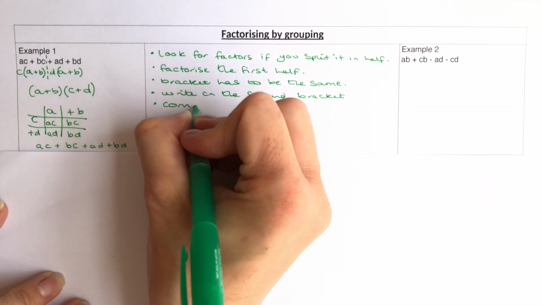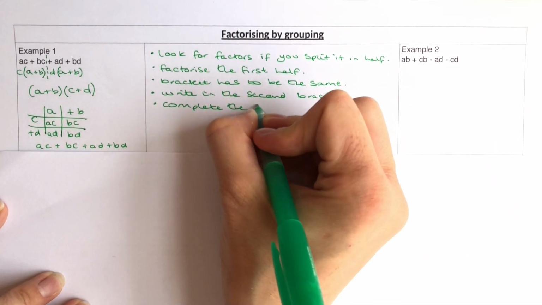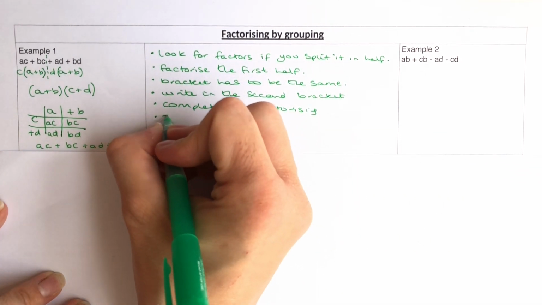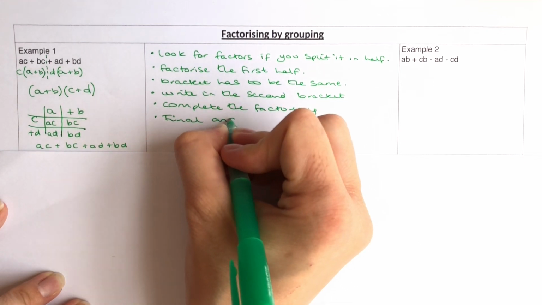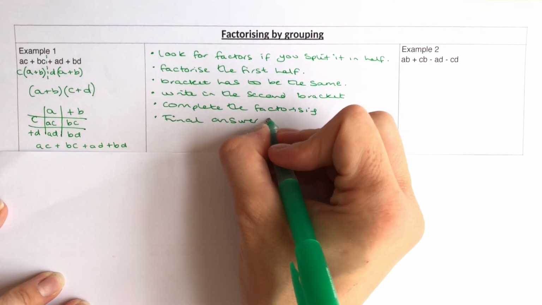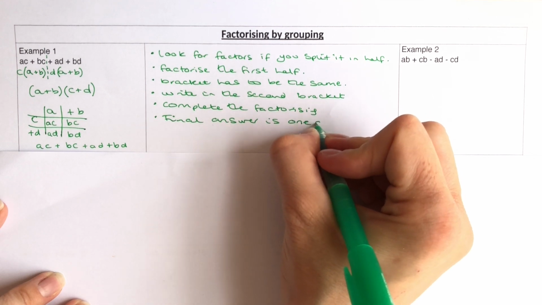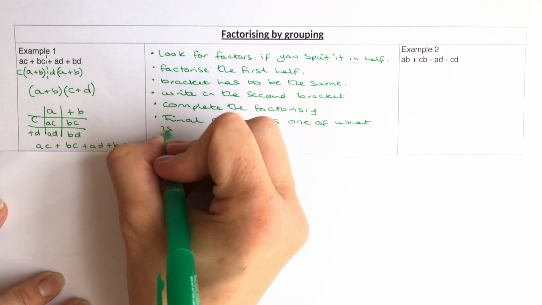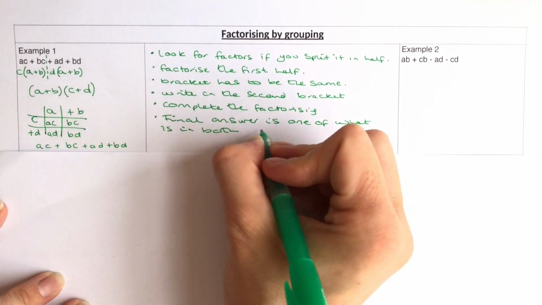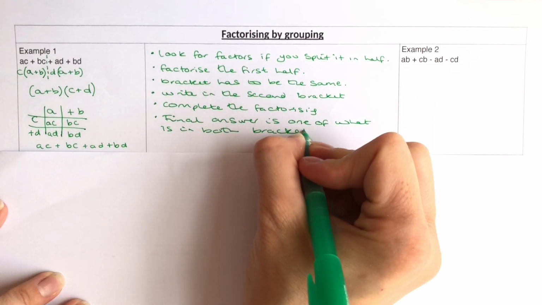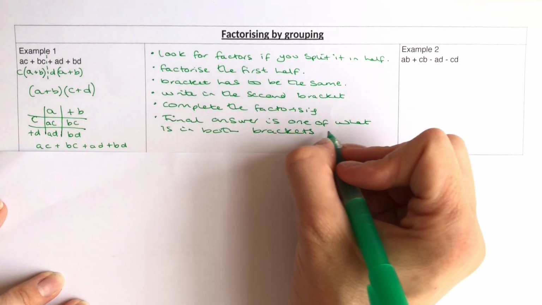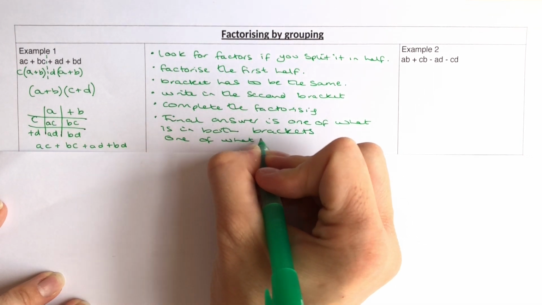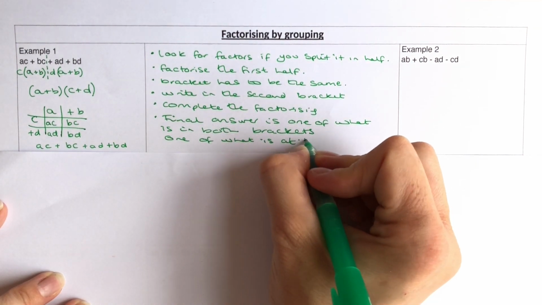Complete the factorising. And then your final answer is one of what is in both brackets, one of what is at the front.